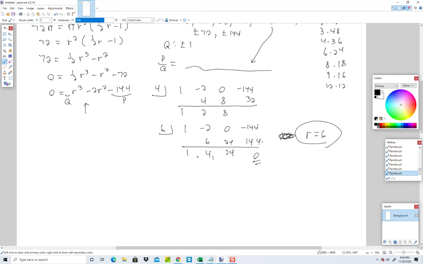Now, since this is r to the third, this would be r squared, this would be r, and this would be no r, our constant term. And I'd have r squared plus 4r plus 24 equals 0. And if I went through and did this, it would give me an imaginary number, so that wouldn't go anywhere. So I got r is equal to 6.